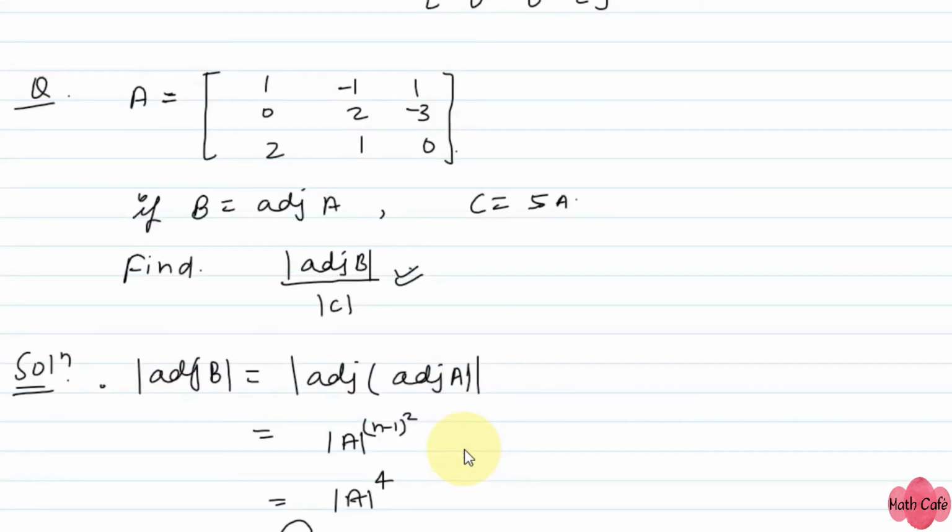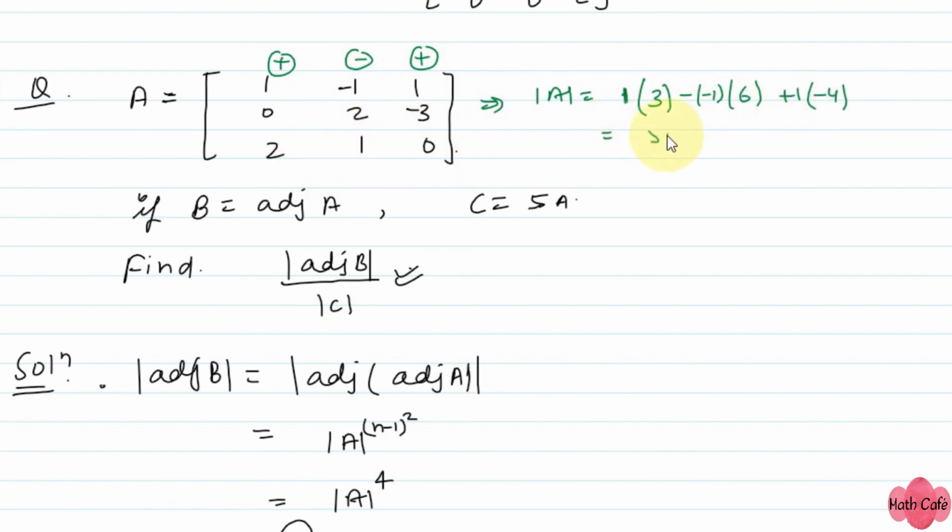Our job is to find the determinant value of A. If I expand along R1, this is 1 multiplied by 0 plus 3, minus of minus 1 multiplied by 0 plus 6, and finally plus 1 multiplied by 0 minus 4. We get 3 plus 6 minus 4, 9 minus 4, which is 5. So determinant value of A is 5.